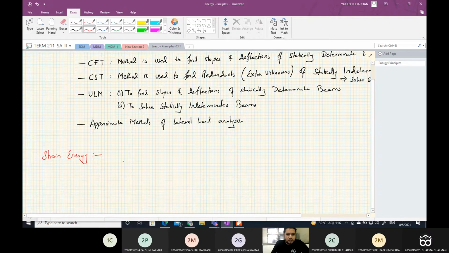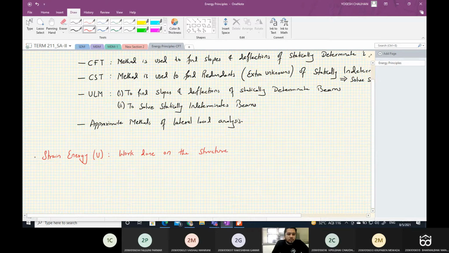So what is strain energy? We represent this by U. So it is the work done on the structure.